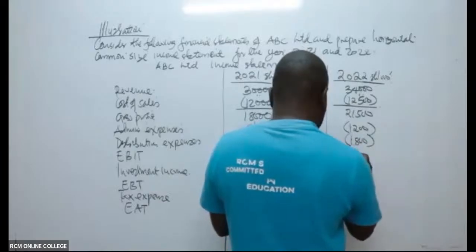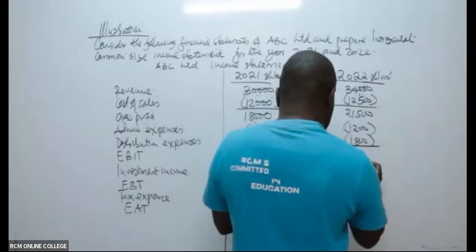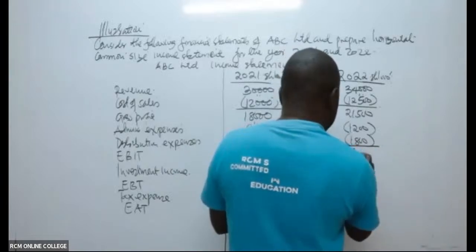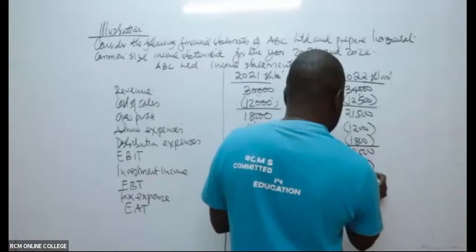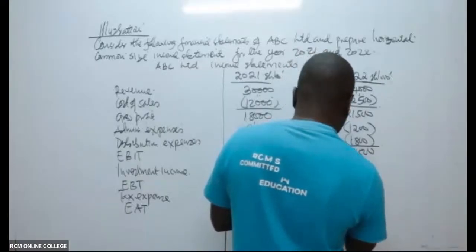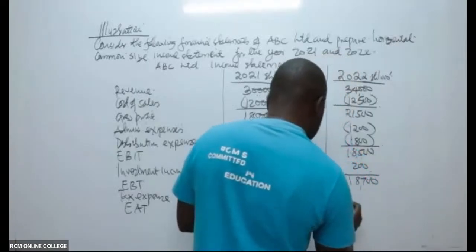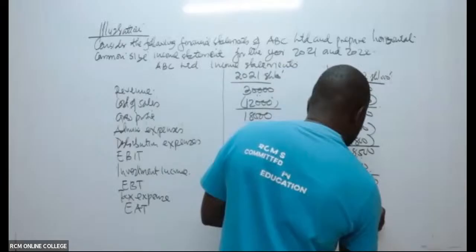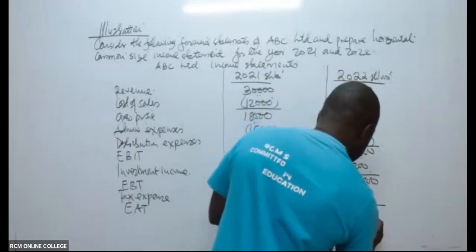It will give you 18,500,000. Investment income is 200. So 18,700,000. Then the tax expense here is 4 million. So that gives you 14,700.